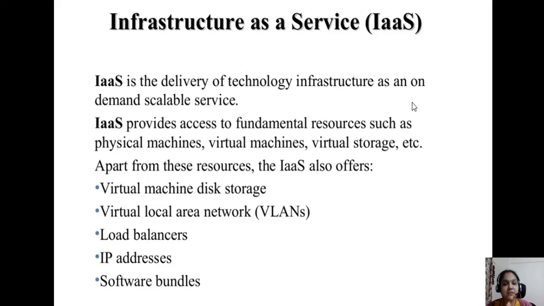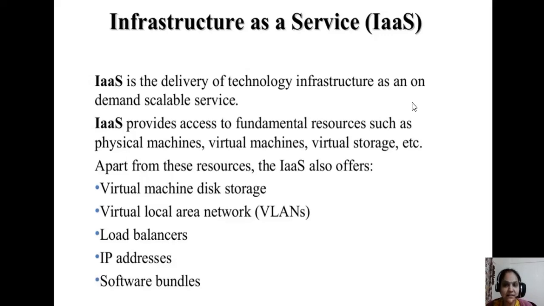So apart from the physical machine, virtual machine, or virtual storage, there are a lot of other things that are being provided by infrastructure as a service. One is virtual machine disk storage, the same as the disk storage that you have in your laptops or computers. Then we have the virtual local area network, just like your LAN, the physical LAN that you have for networking.